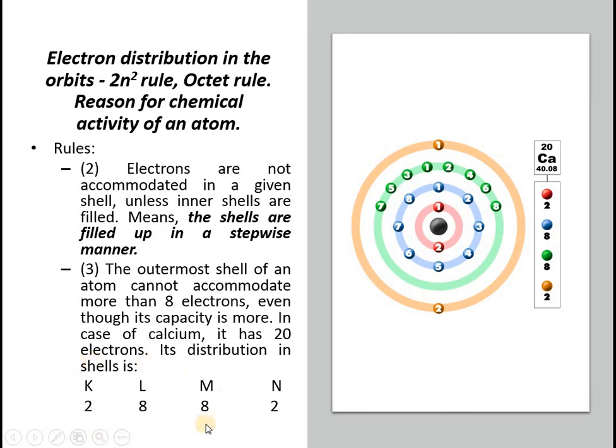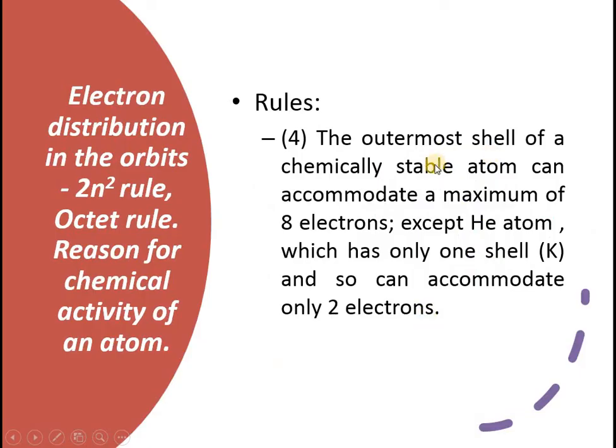Ca plus 2 is stable because in that case M is the outermost shell. This shell is not there in the Ca plus 2 ion. So, the outermost shell of a chemically stable atom can accommodate a maximum of 8 electrons, except the helium atom, which has only one shell, that is K shell, and it can accommodate only 2 electrons.